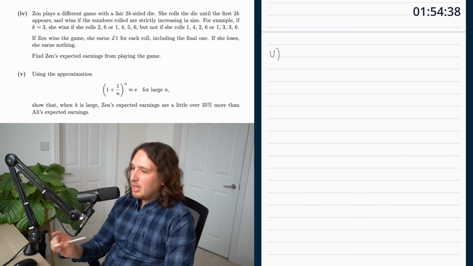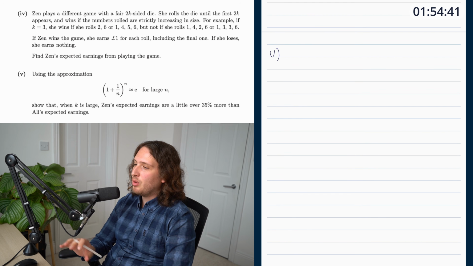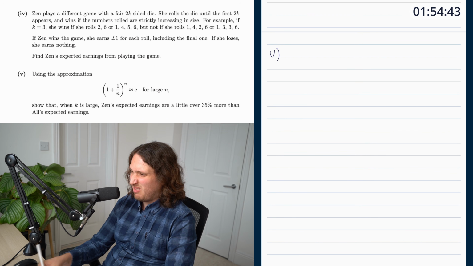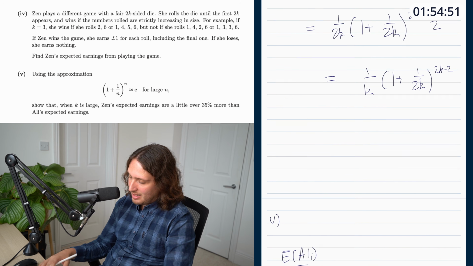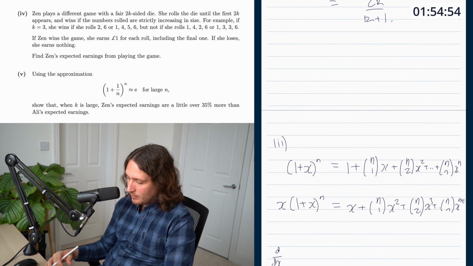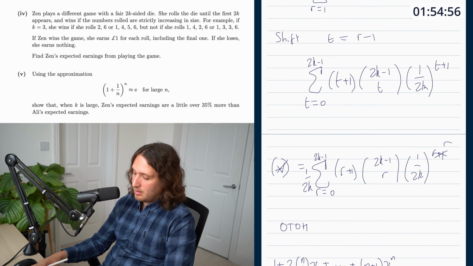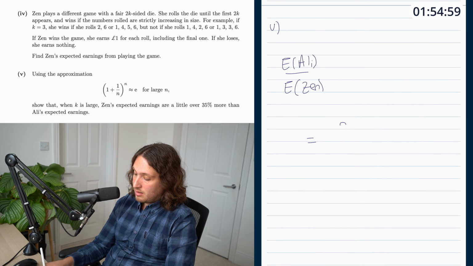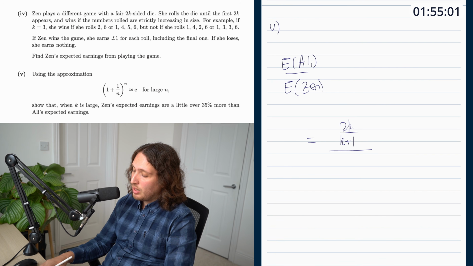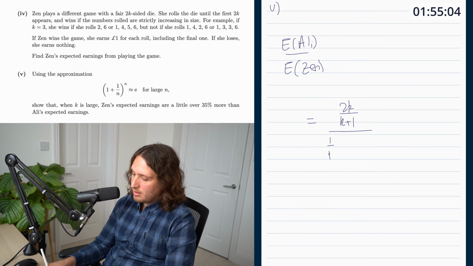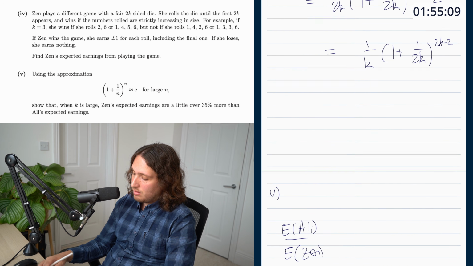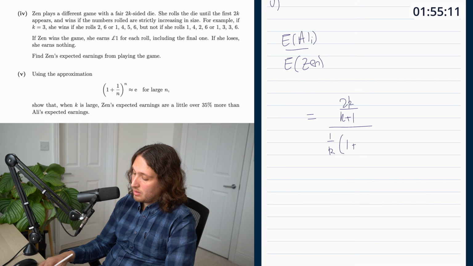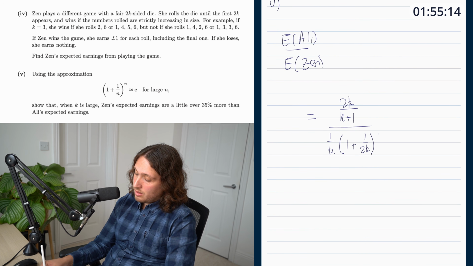Right. I want to know how much Zens are more than Allies, so I will just do a ratio, right? So E Ally over E Zen. Now, what was E Ally? That's the problem. 2k over k plus 1. And then that's all over 1 over k, 1 plus 1 over 2k to the 2k minus 2.